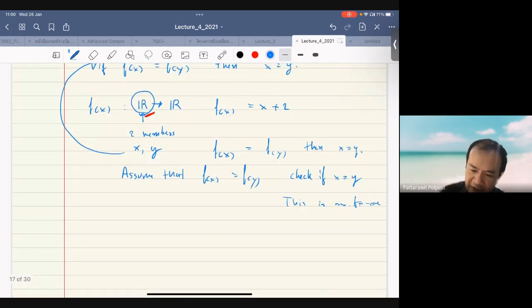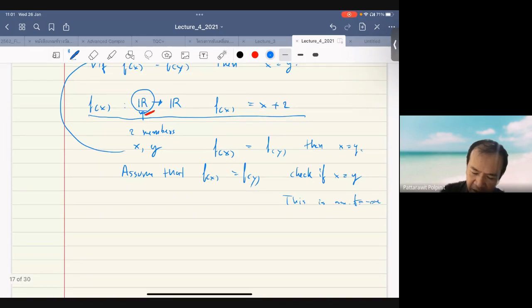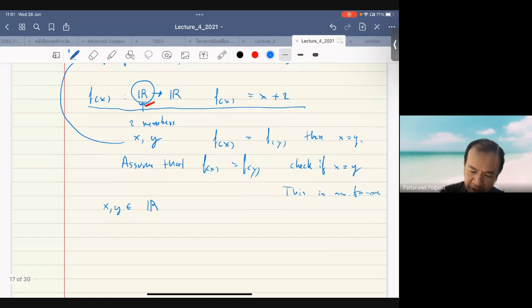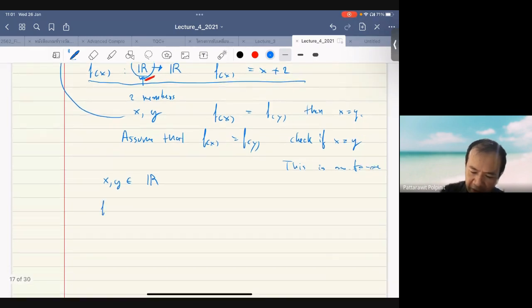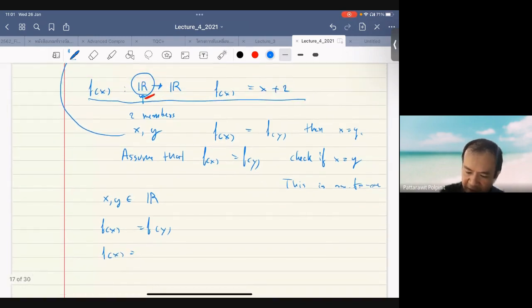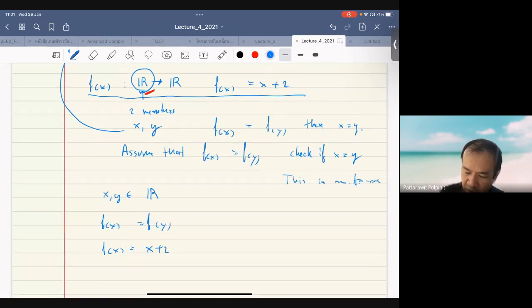So for the example, let's say that x and y are any numbers from the set of real numbers. Let's say that f of x is equal to f of y. From the definition, f of x is equal to x plus 2, and f of y is equal to y plus 2.